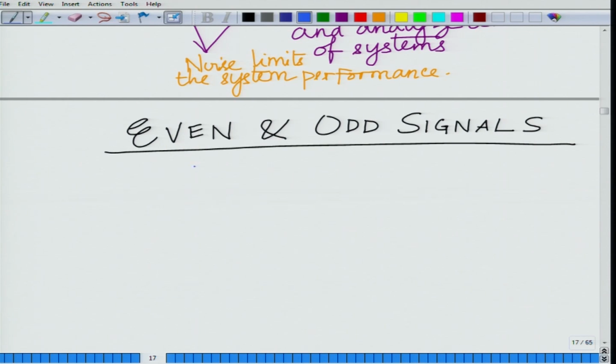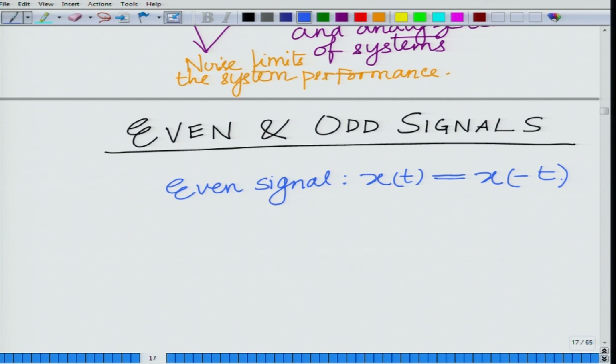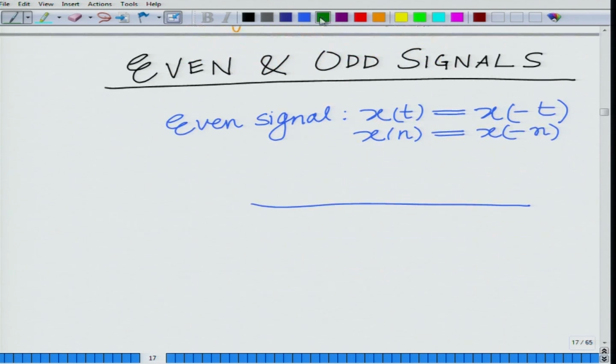An even signal, as most of you must be familiar, similar to an even function, satisfies xt equals x of minus t, or for a discrete time signal xn equals x of minus n.